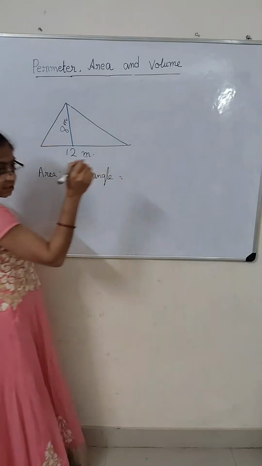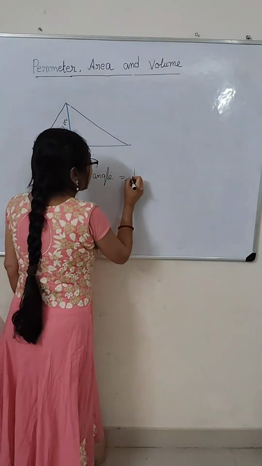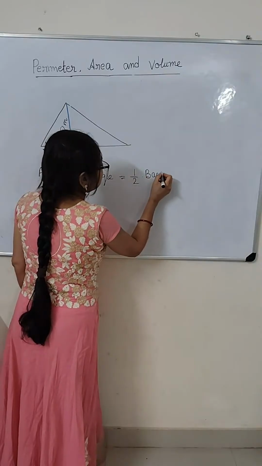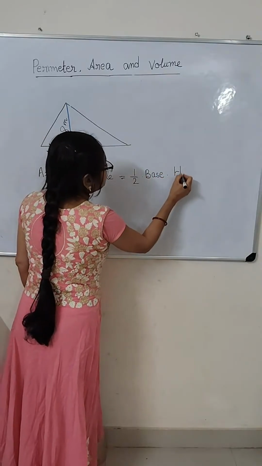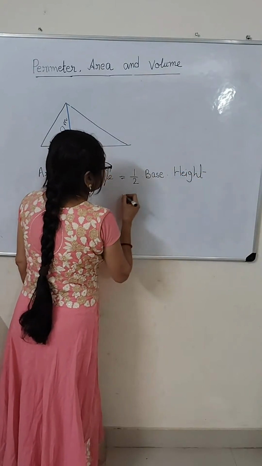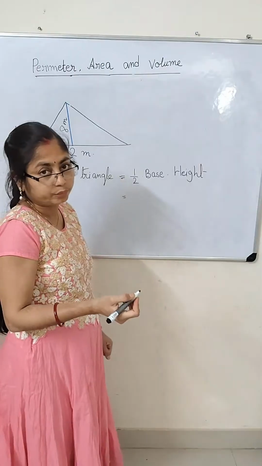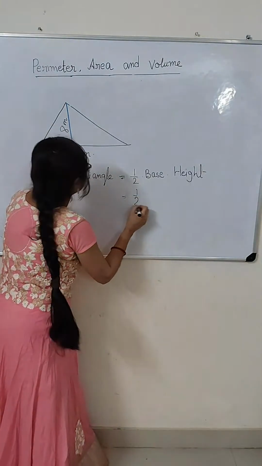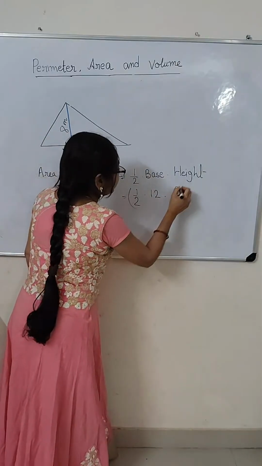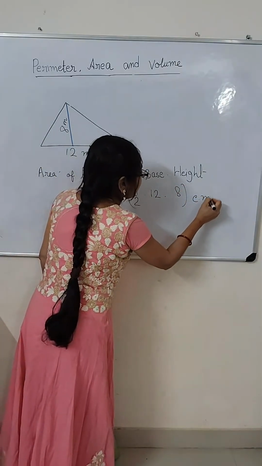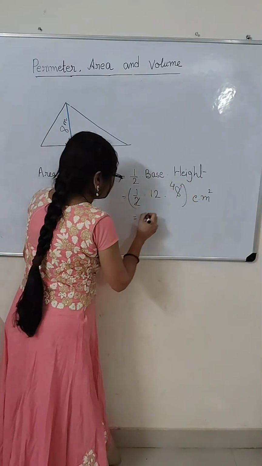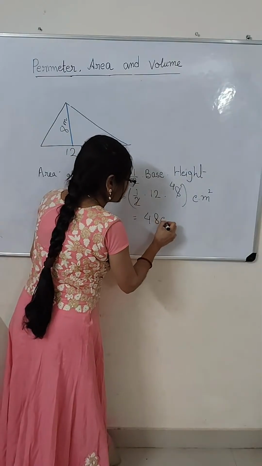First I give an easy math. Formula is half base into height. Put the value. Half. Base is 12. Height is 8. Make it centimeter square because it is an area, and it makes 48 centimeter square.